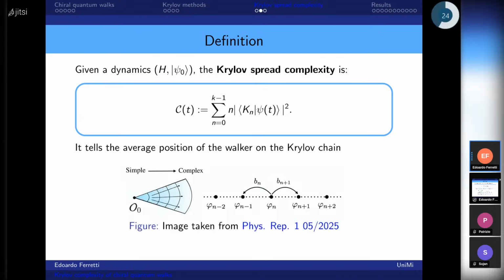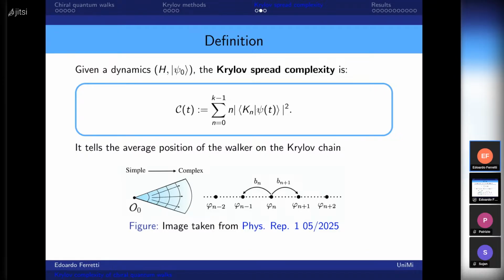And here we have a pictorial representation. This was initially done for operators because, of course, operators themselves are part of a Hilbert space, so they can be seen as vectors in a Hilbert space with the product given by the Hilbert-Schmidt product. But the reasoning is the same.